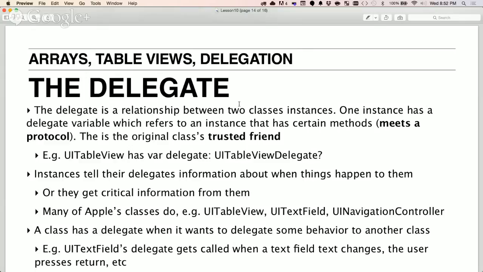If I have a protocol, protocol animal or can fly, and I have a function of, I don't know, fly, and in here I have a parameter for distance, which is a string.